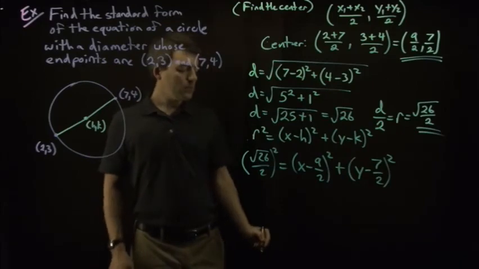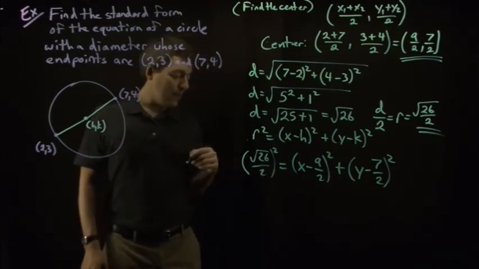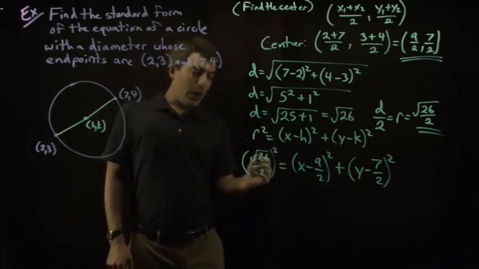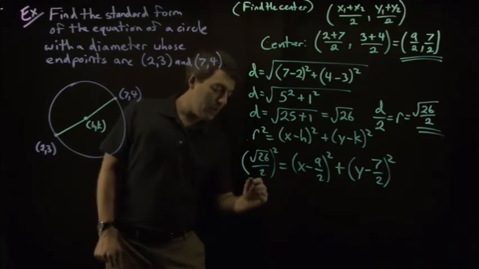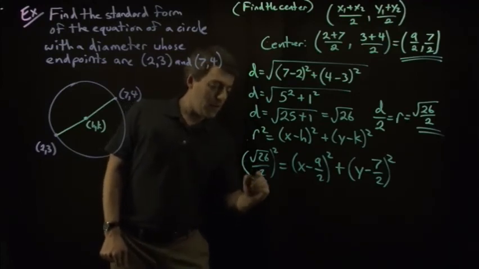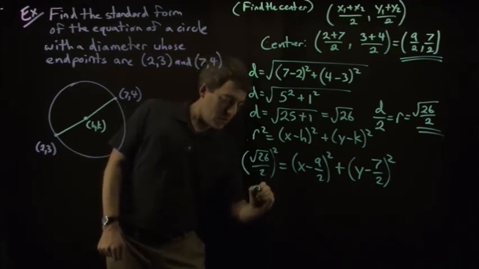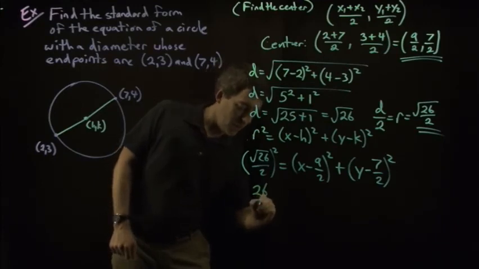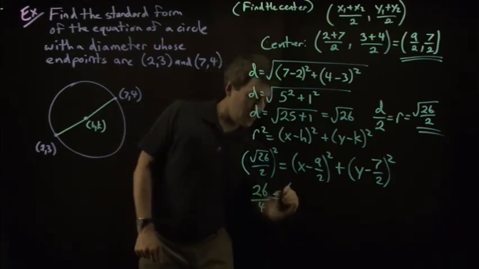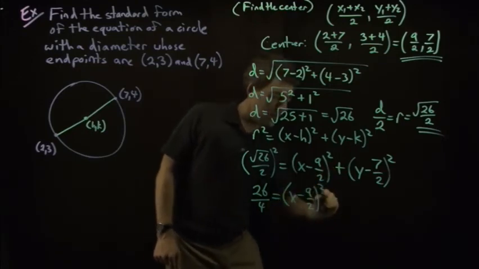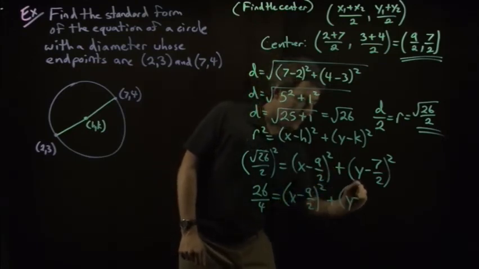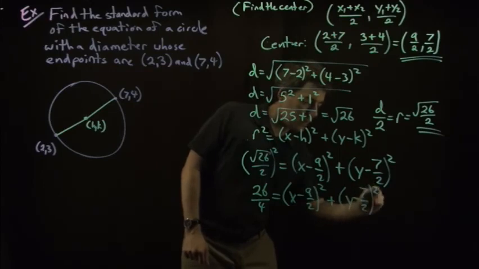And we can simplify this a little bit. If we square the square root of 26, we'll get 26, and if we square 2, we get 4. So we have 26 over 4 equals (x - 9/2)^2 + (y - 7/2)^2.